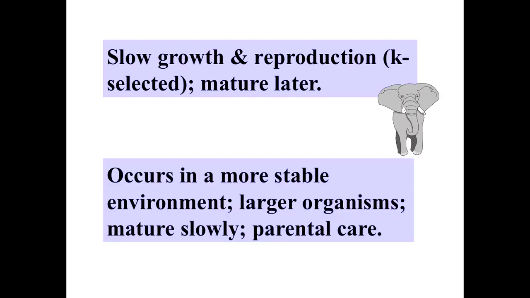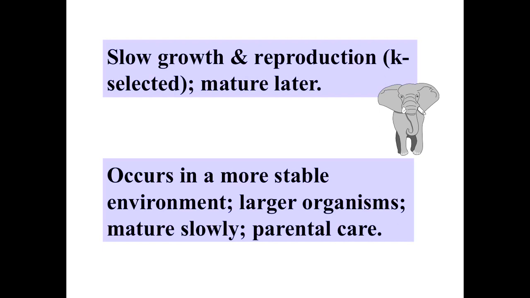Now the opposite of that, we consider slow growth and reproduction, or K-selected. These organisms tend to be larger, they mature later. So something like an elephant would be a great K-selected species. They're going to occur in more stable environments because it takes a long time for them to raise their offspring.